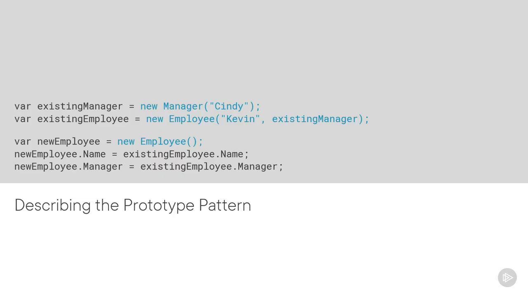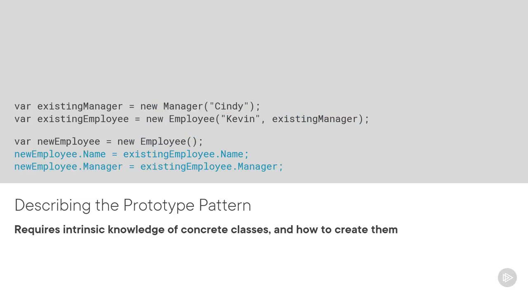Now imagine the use case where most property or field values of an existing object are required in a new object. Or maybe you even need all property values of the new object to match the existing object. In that case, we can simply copy them over.